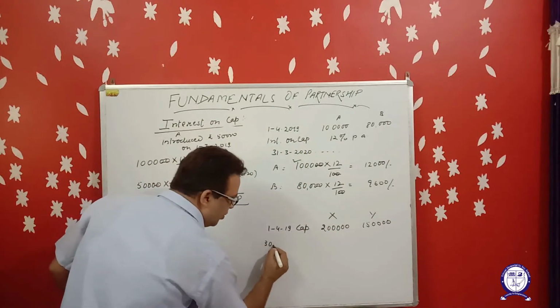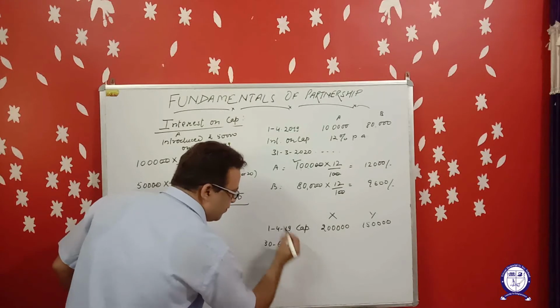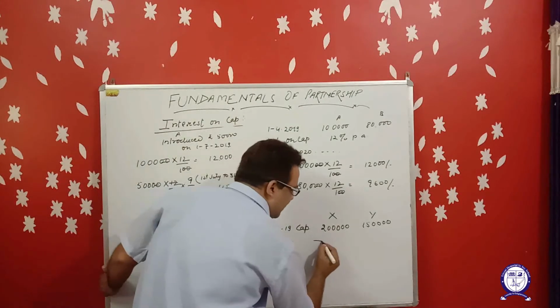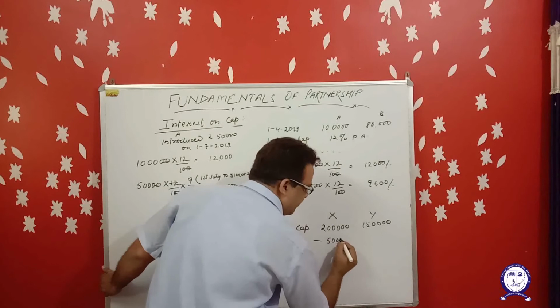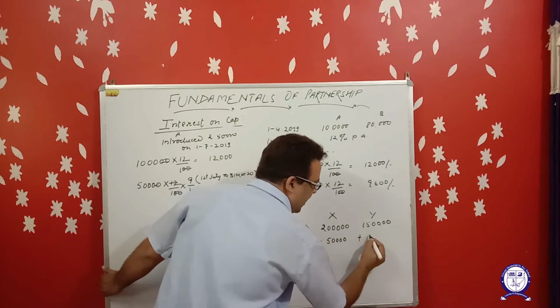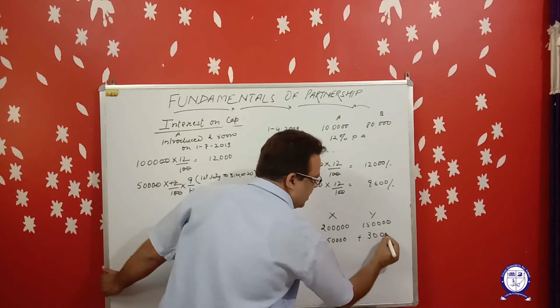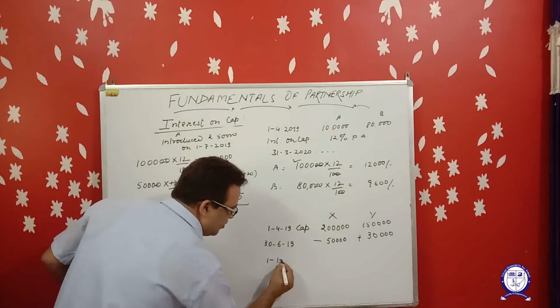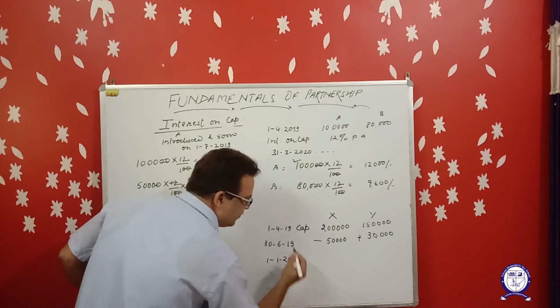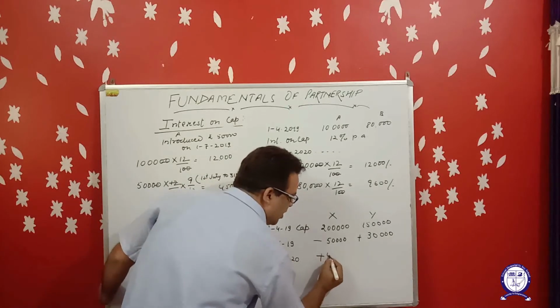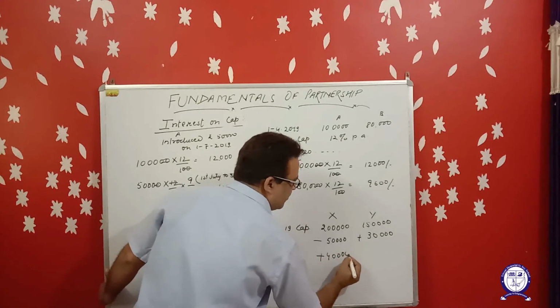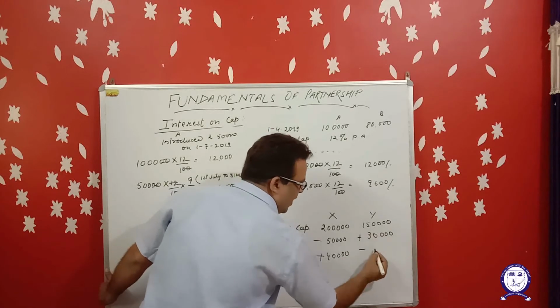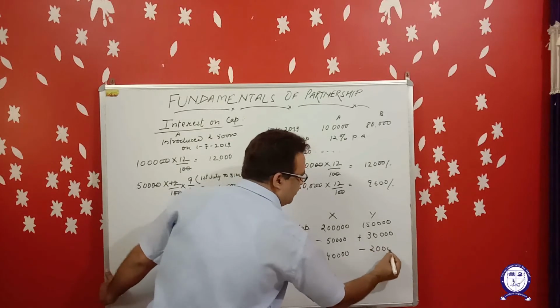On 30th June, X has withdrawn 50,000 but Y has introduced 30,000. Again, on 1st January 2020, X has introduced 40,000 and Y has withdrawn 20,000.